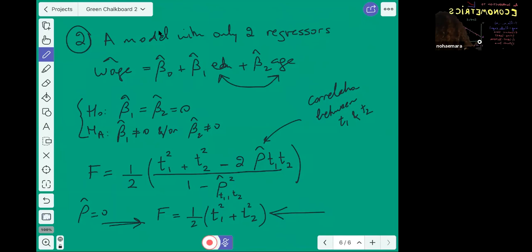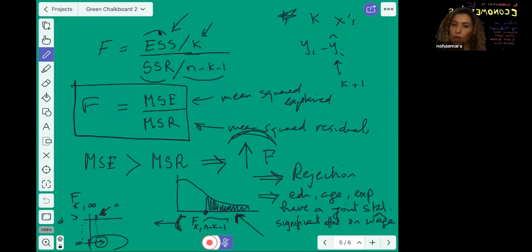However, most of the time this correlation is non-zero. We have a certain value for this correlation that is not equal to 0, so we have to adjust this equation by including the correlation term of the two t-statistics. Again, if I have a model that has two x's, using this method or the other method, they are equivalent.